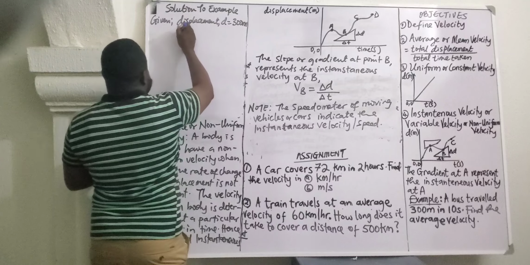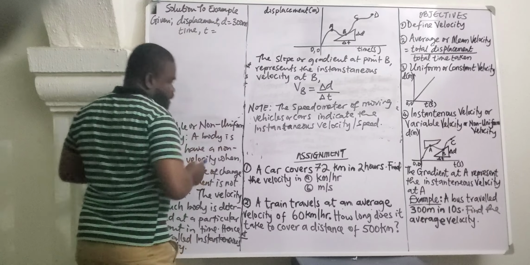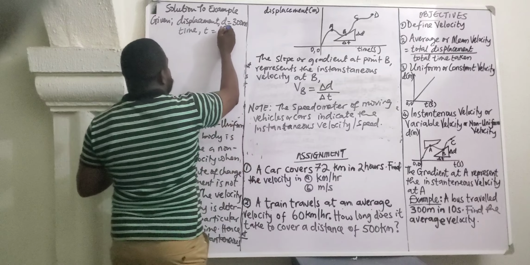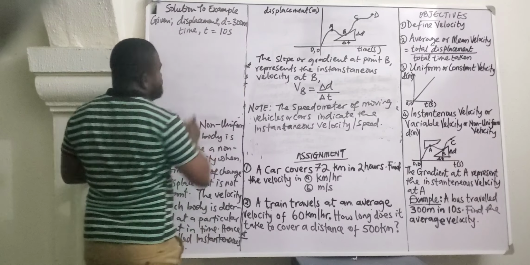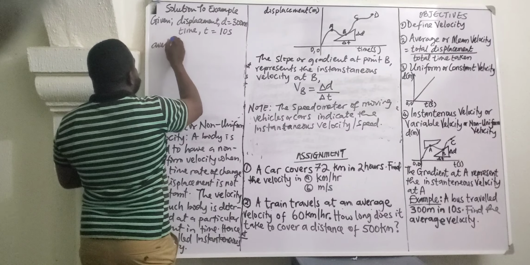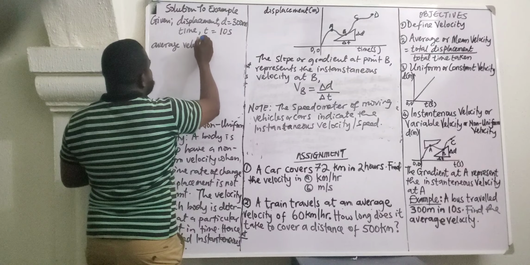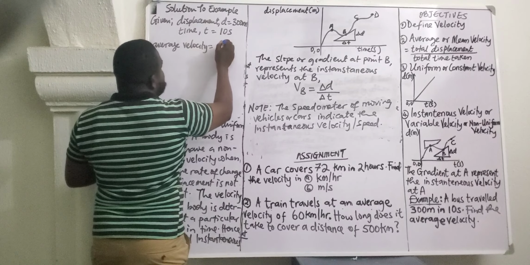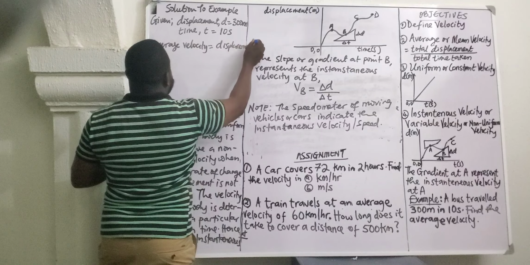And then we are given the time T as 10 seconds. So for us to find the average velocity, we will say the displacement over the time.